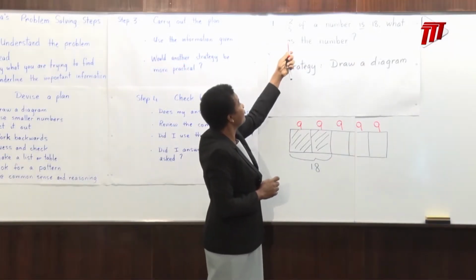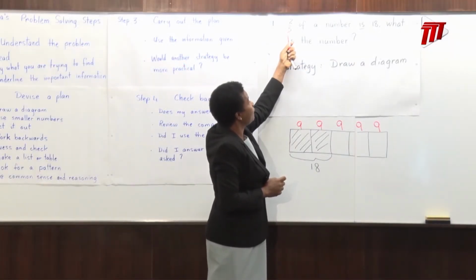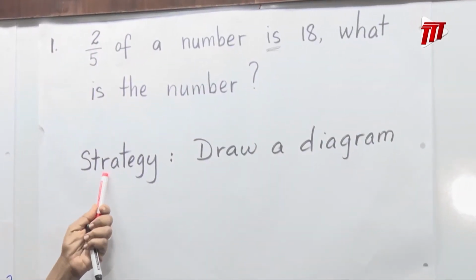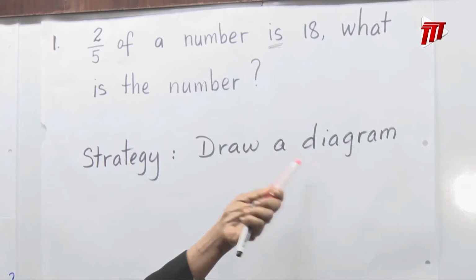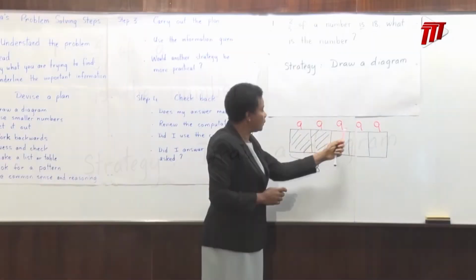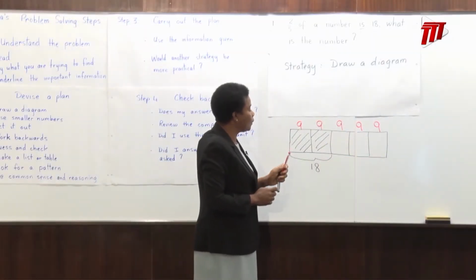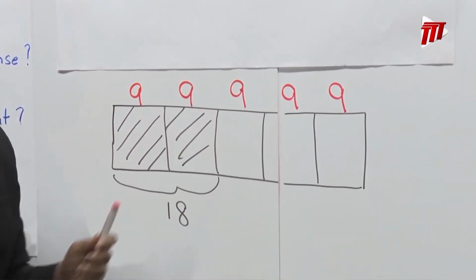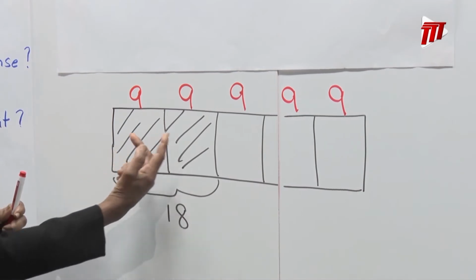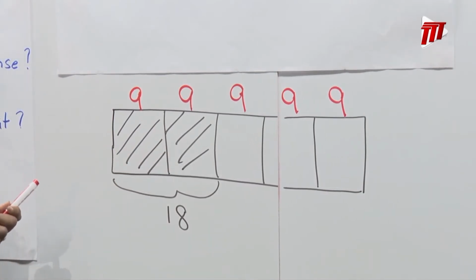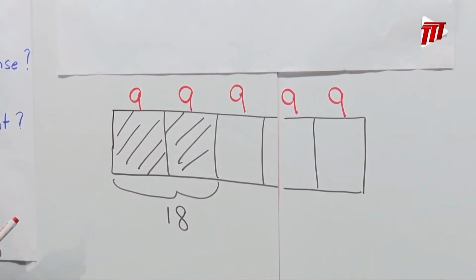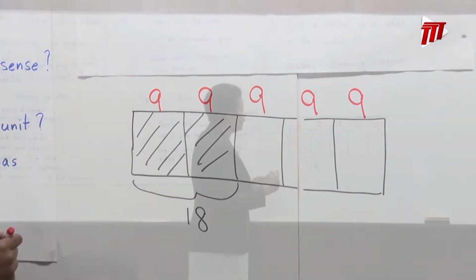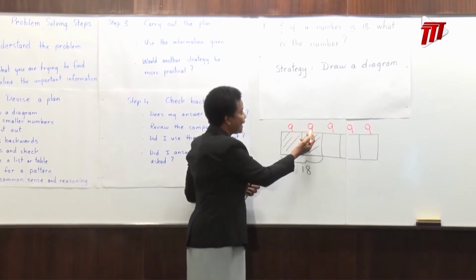Let's do that over. The sum says 2 out of the 5 parts is 18. So we use the strategy of drawing a diagram. We drew a diagram to represent the whole, divided the whole into 5 equal parts, and shaded 2, because the sum said 2 out of the 5. If 2 parts equal 18, then 1 part will be 9.